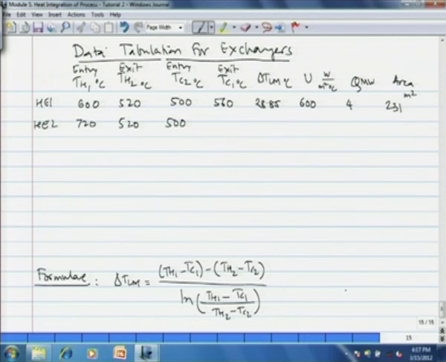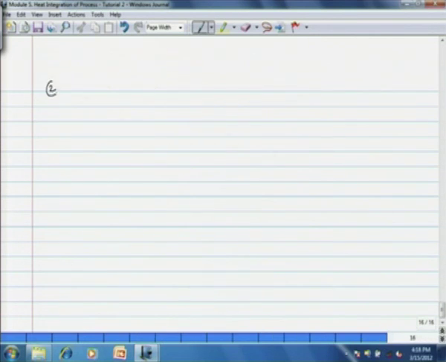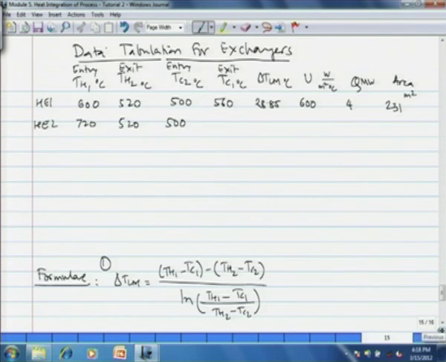This is one formula. The second formula is 1 by U is equal to 1 by Hi plus 1 by Ho, and the third formula is Q is equal to UA delta TLM. So, using three formulae you can tabulate the data. I am directly giving the answers now.